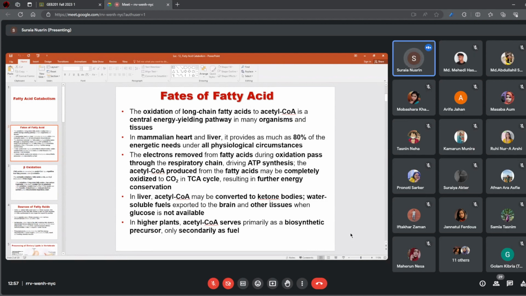Now what about the plants? In plants, because they can synthesize glucose by themselves, they don't need to depend on fatty acid for fuel. So rather they use acetyl-CoA as the biosynthetic precursor than the fuel.